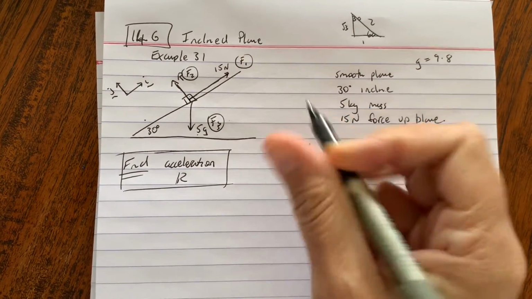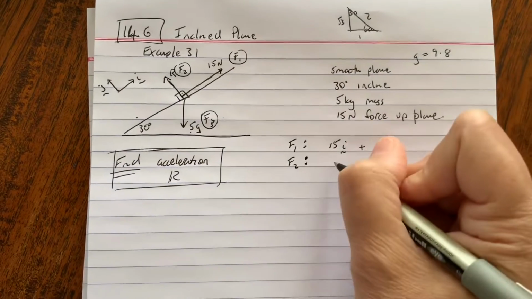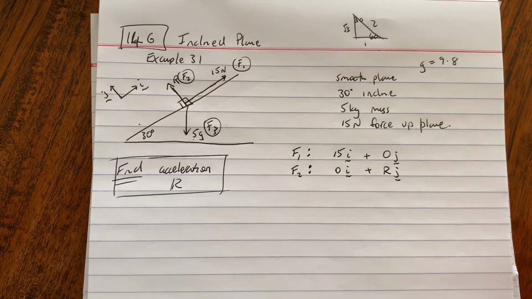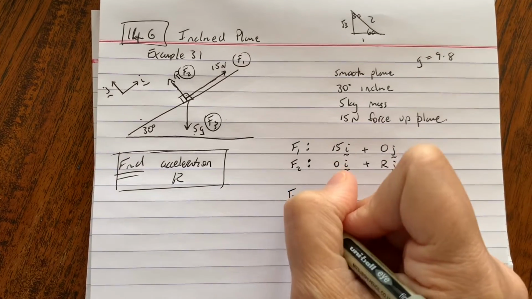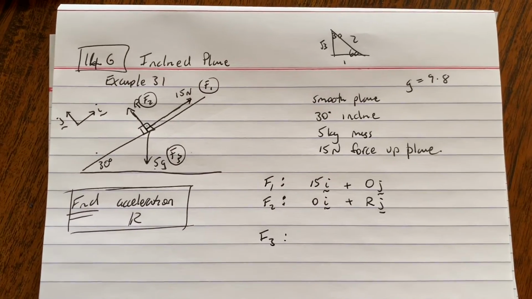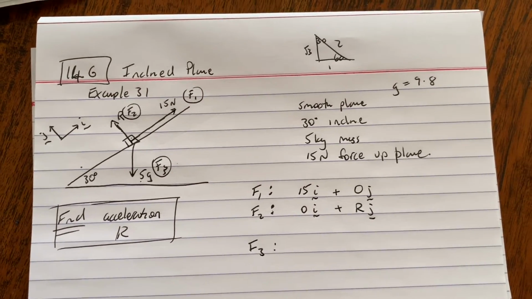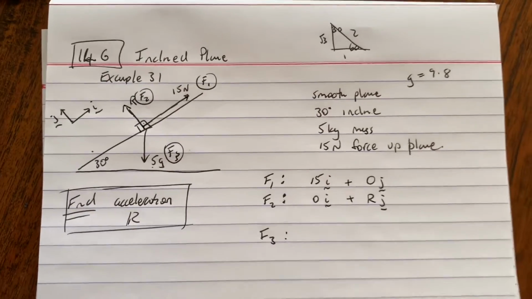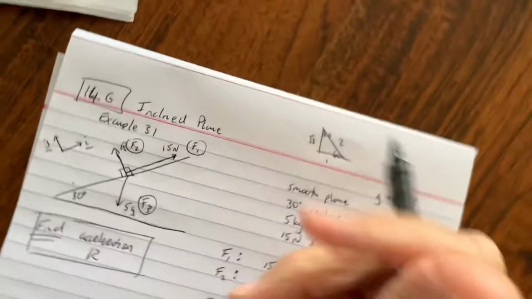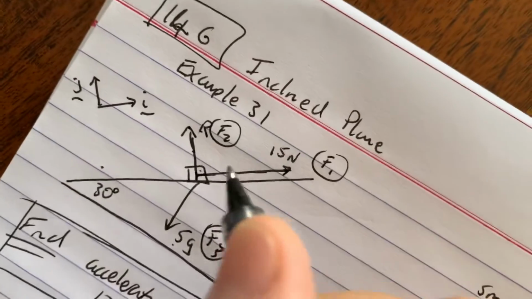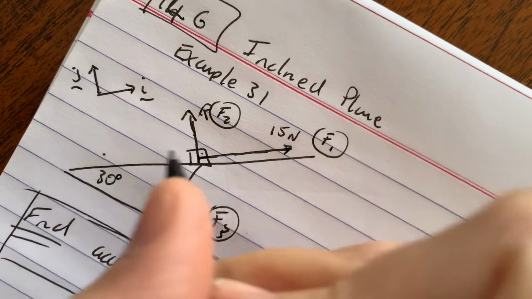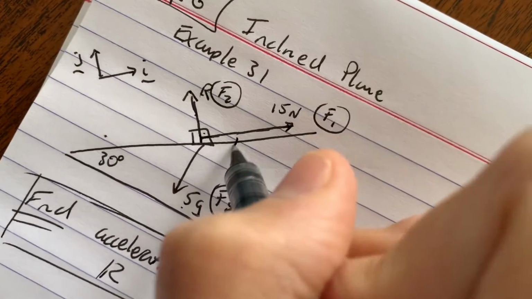Force 2, that reactive force, that's 0 in the I direction and R in the J direction only. And then force 3 is the one that's a little bit trickier because it's at an angle to the I direction. So we need to work that out in its I and J. The way I look at it, this is our I direction, or our x-axis, which runs up the plane. So we need this angle here.